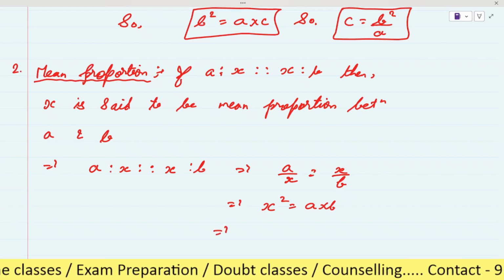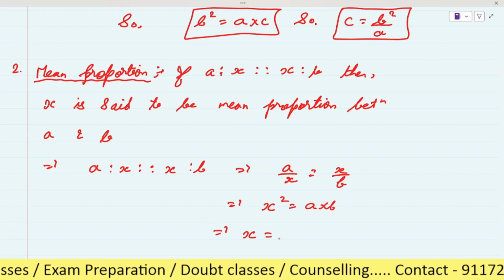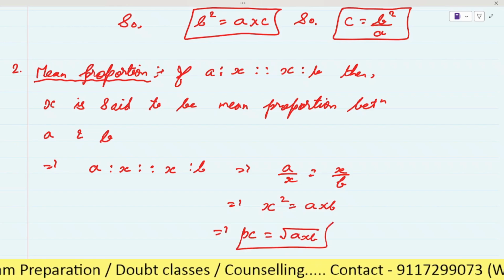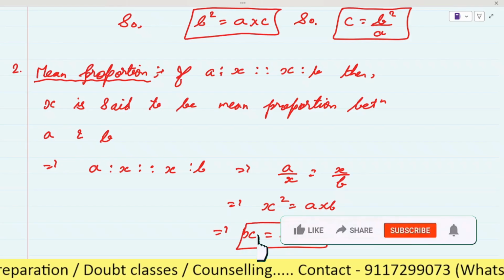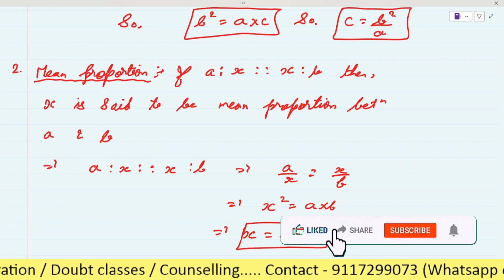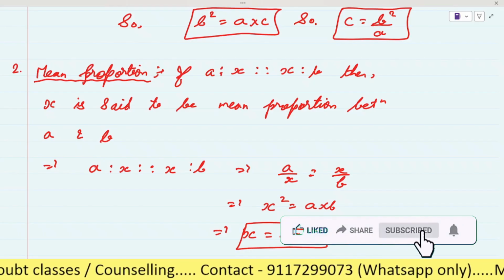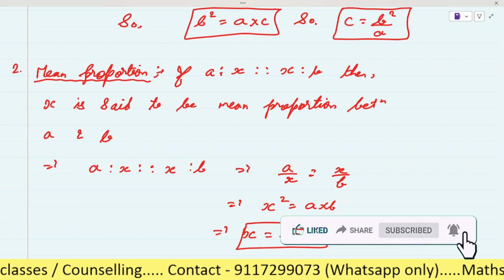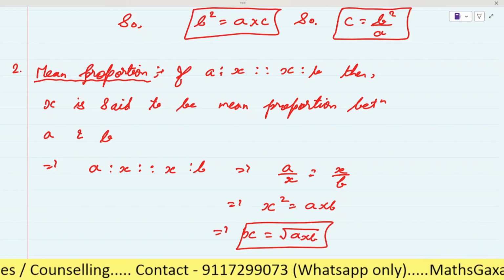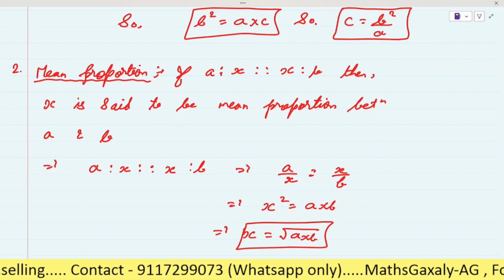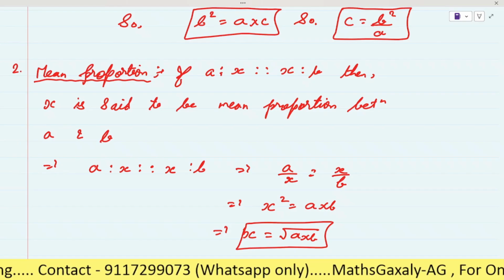So here x will be root under A cross B. This value will be known as the mean proportion. Mean proportion or mid proportion, both are the same.